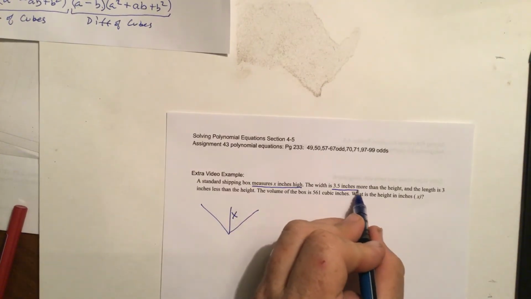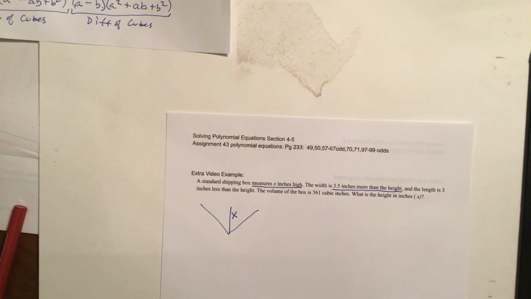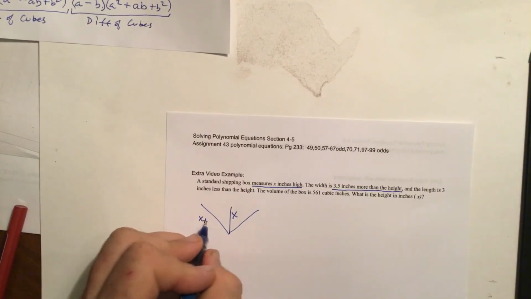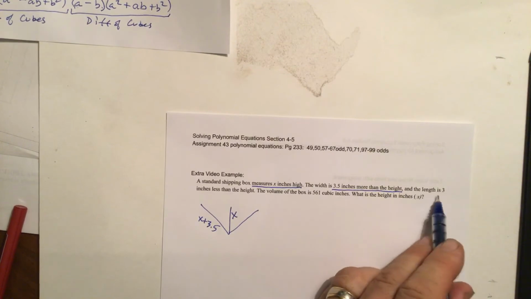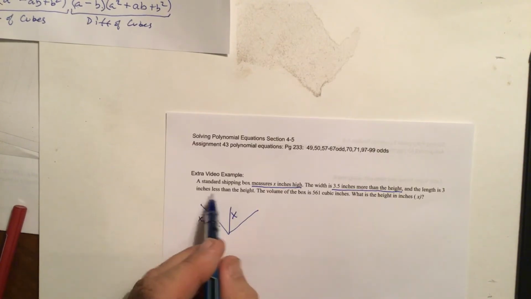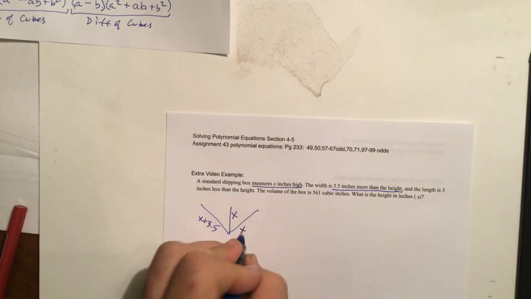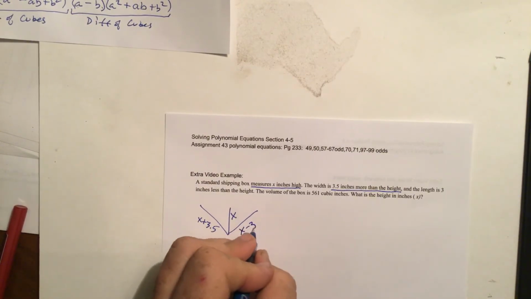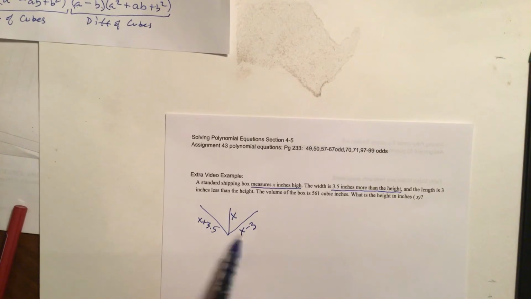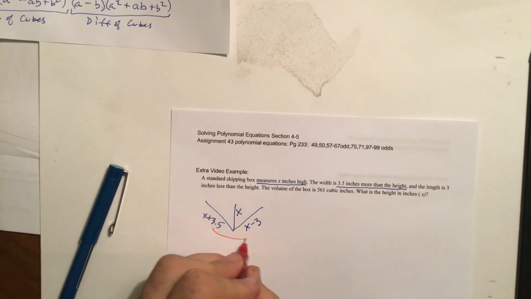We know that the width is 3.5 more than the height, so we're just going to go x plus 3.5. And then we know that the length is 3 less than the height. Well, we know that the height is x, and it's 3 less. Okay, I could have x minus 3 over here. It doesn't matter. These can be interchangeable.